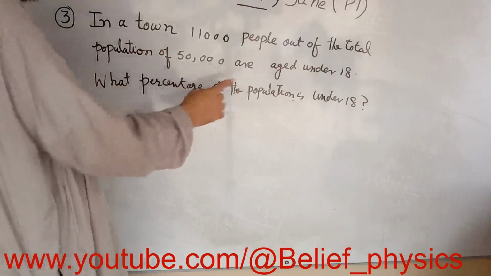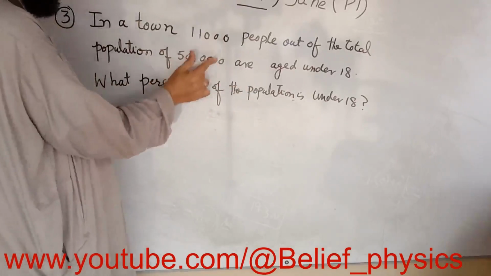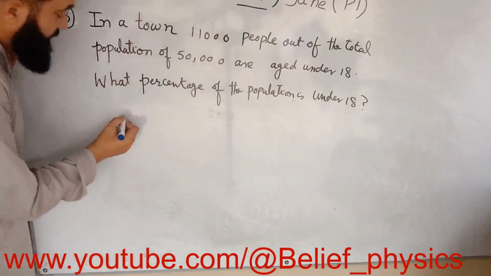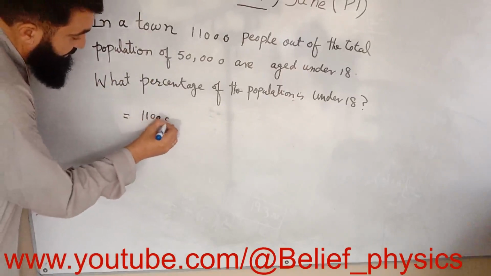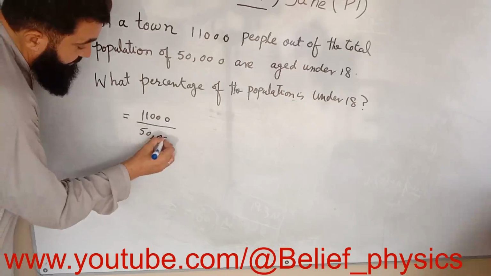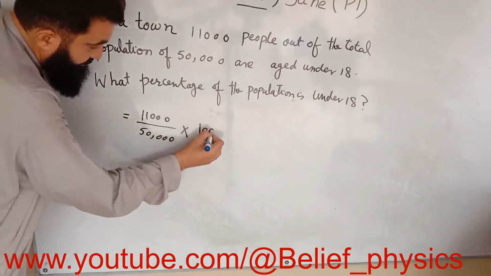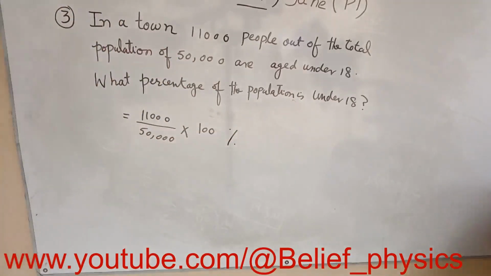So the part is 11,000 divided by 50,000 multiplied by 100. This will become the percent. Just simplify it and you will get the correct answer.